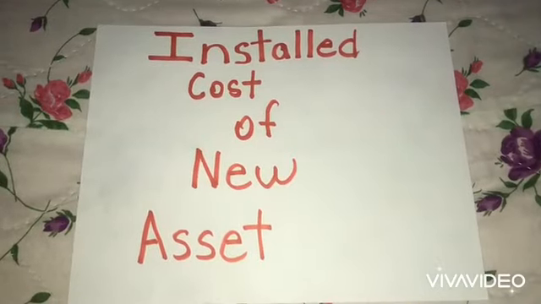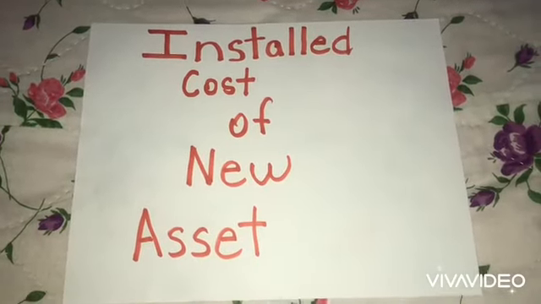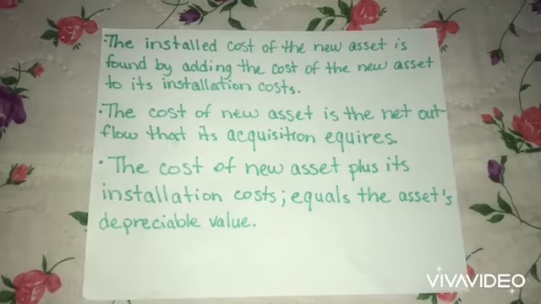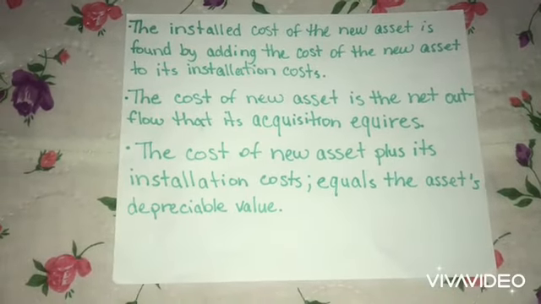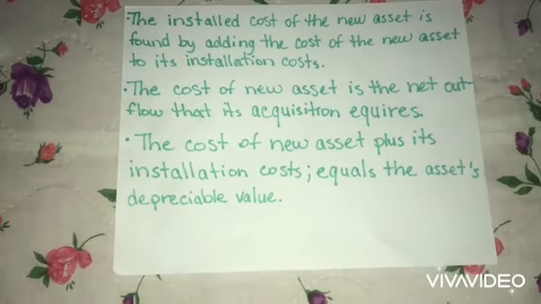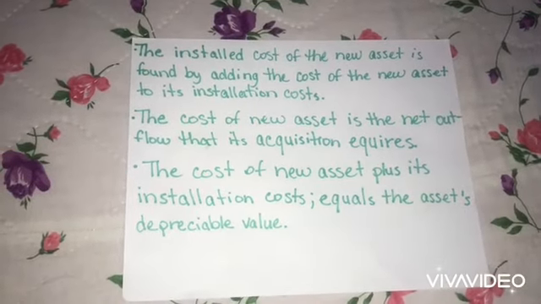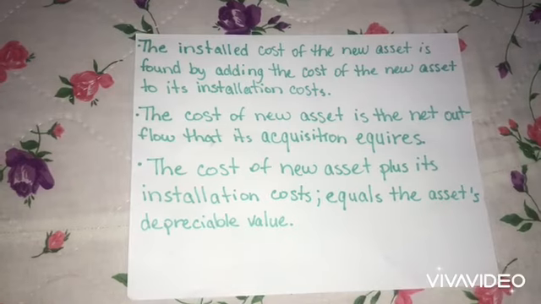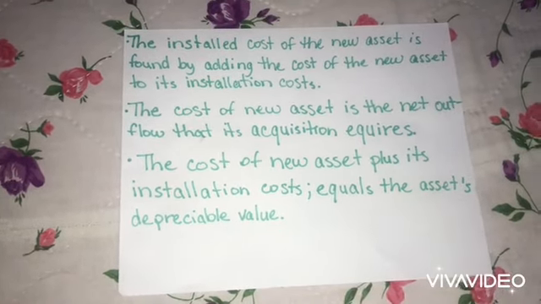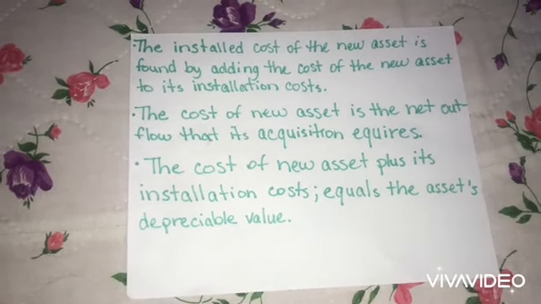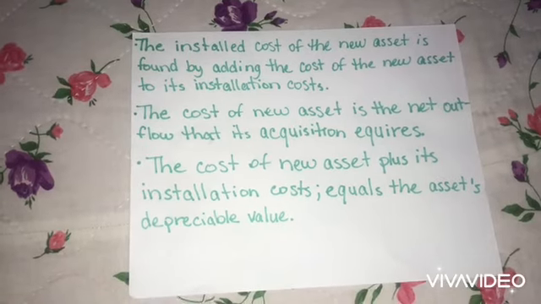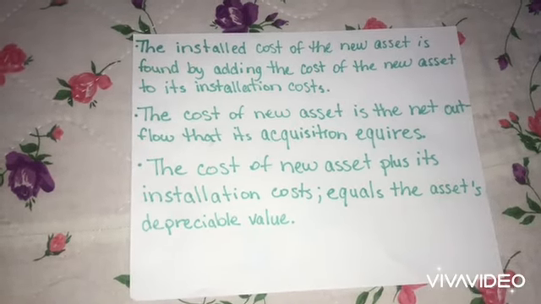Now we'll talk about the installed cost of new assets. The installed cost of a new asset is found by adding the cost of the new asset to its installation cost. The cost of the new asset is the net outflow that its acquisition requires. The cost of the new asset plus its installation cost equals the asset's depreciable value.